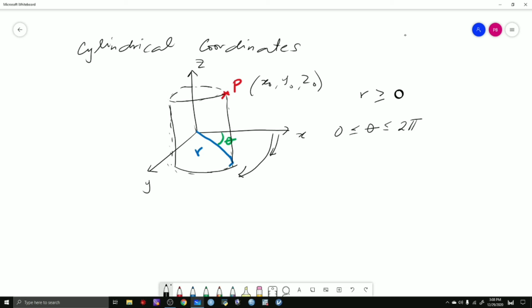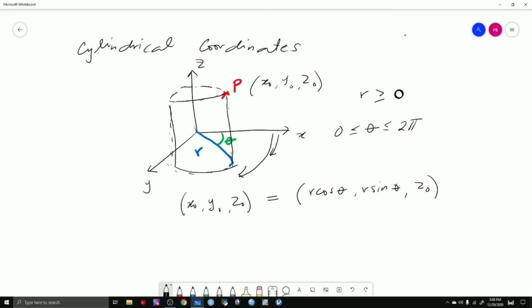Now to transform the point (x0, y0, z0) into cylindrical coordinates, we have (r cosine theta, r sine theta, z0).